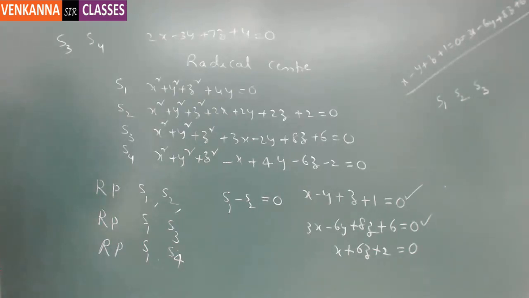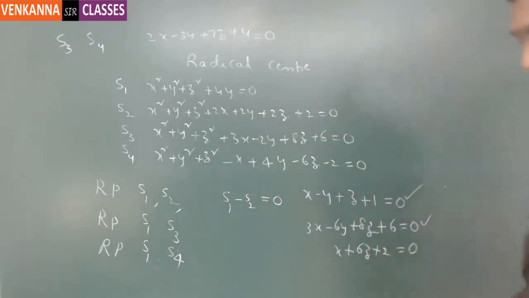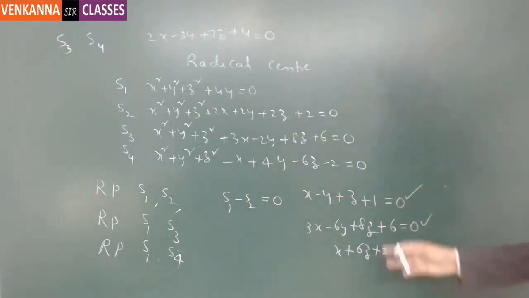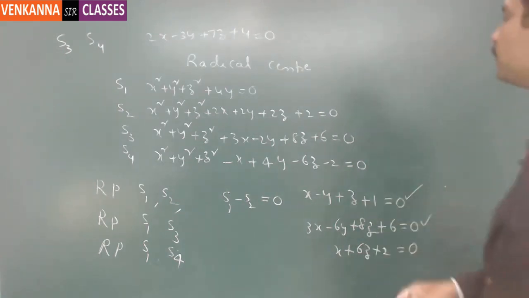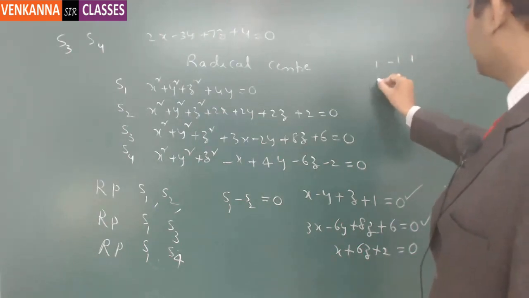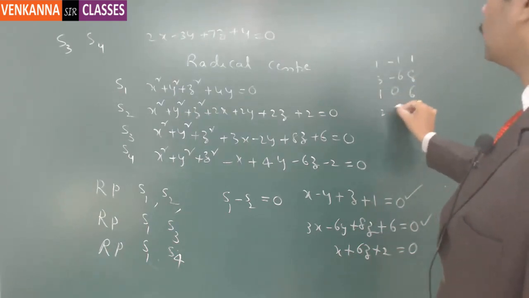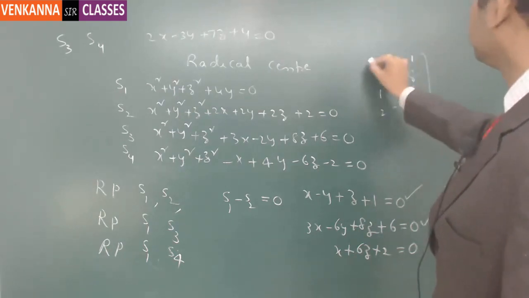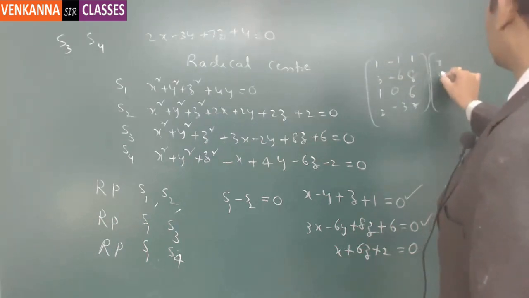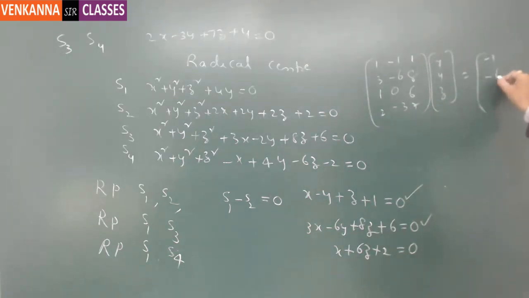So the 4 equations, you need to solve them. If you write them all together, you can solve it in matrix form also. If you write the coefficients 1, minus 1, 1, and 3, minus 6, 8, 1, 0, 6, 2, minus 3, 7 times x, y, z equals the constants minus 1, minus 6, minus 2, minus 4.